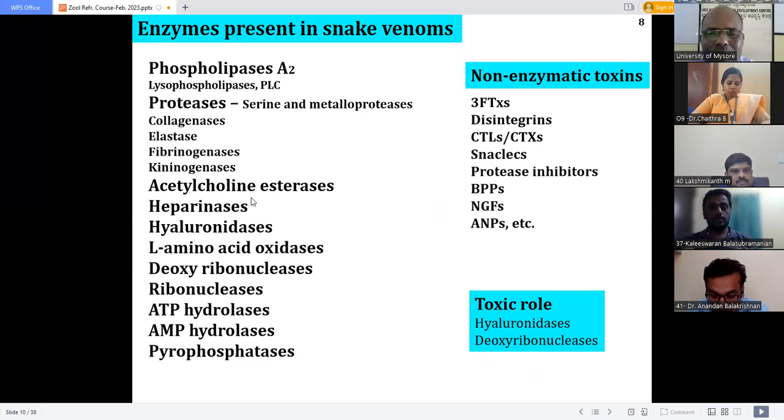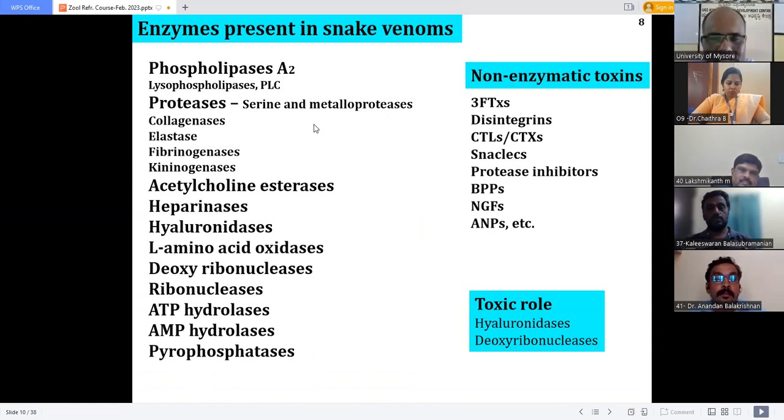Acetylcholinesterases degrade acetylcholine, heparinases degrade heparin, hyaluronidases degrade hyaluronic acid, amino acid oxidase acts on amino acids, deoxyribonucleases and ribonucleases act on their respective substrates, ATP hydrolases, AMP hydrolases, pyrophosphatases. We have a series of enzymes. There are many more enzymes that I'm not listing.